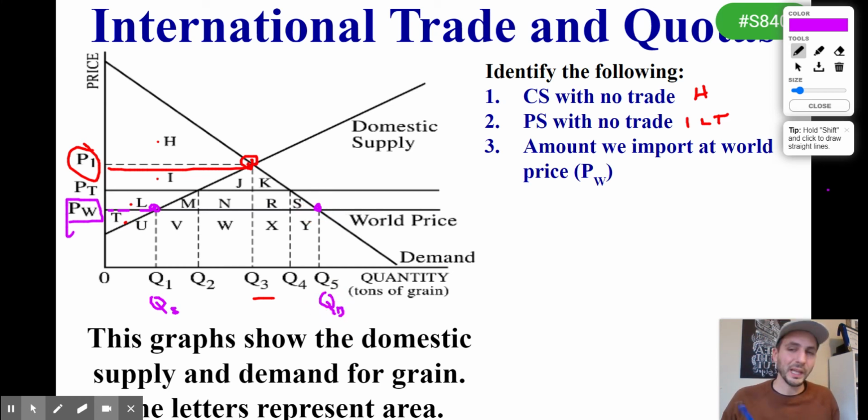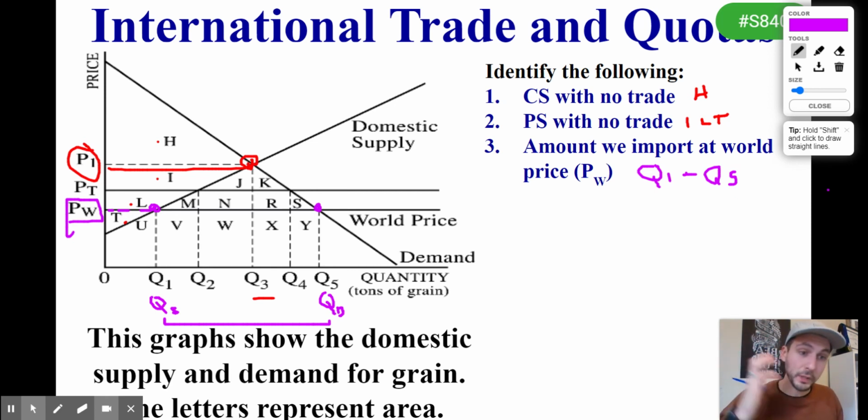So quantity supplied domestically is Q1. Quantity demanded domestically is very high at Q5. The amount I import is that shortage, which is going to be Q1 to Q5. Remember, whenever you have a world price, you import a shortage, you export a surplus.